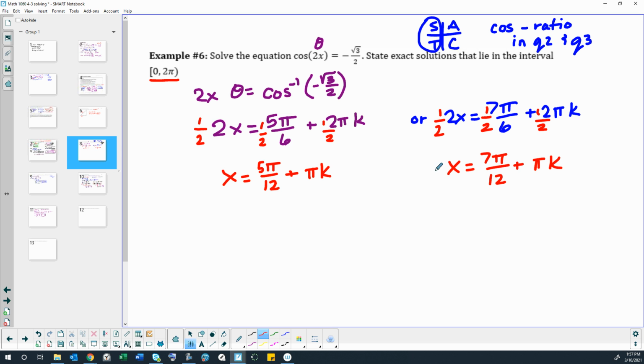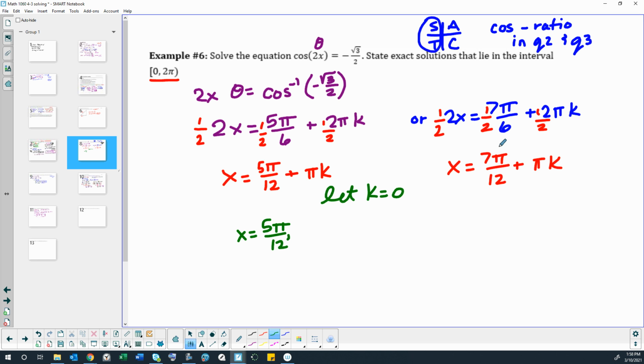Alright, so we have the framework for our answers. Now what we need to do is plug in values of k to figure out what answers are going to be between 0 and 2 pi. So let's let k equal 0. Then we're adding 0, and we will just have 5 pi 12ths.